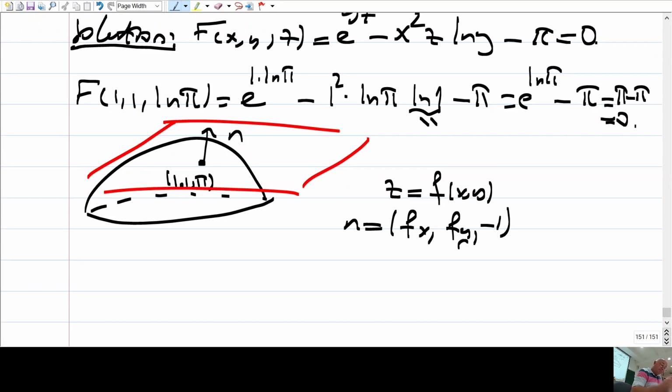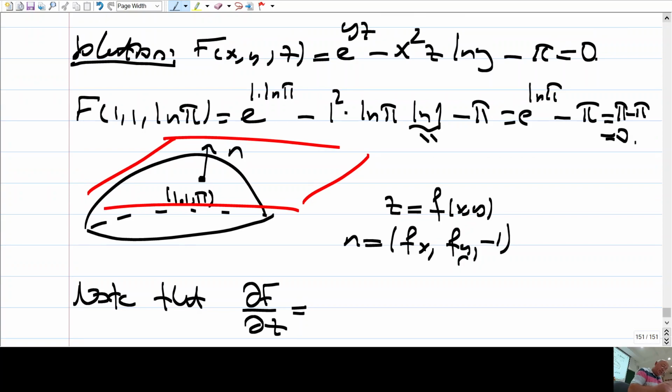Well, for this equation to be solved in terms of x and y as a function of x, y, I need del f del z not to be 0. So let's see, note that del f del z is equal to what? Here I see f as a function of three variables and take the derivative with respect to z. What is its derivative with respect to z?